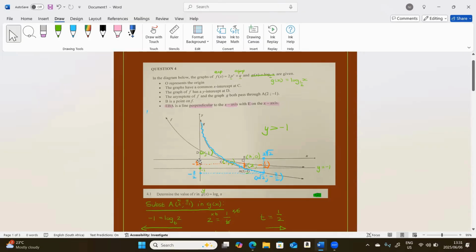So x would never be equal to 0 because the equation of my y-axis is x equals 0. So therefore, it cannot be equal to 0, right? So my x values will be greater than 0, right? All the way up until equal to 2 square root 2. So my x values will lie over here. Okay, can you see that? Because for these x values, the blue portion of my function exists.